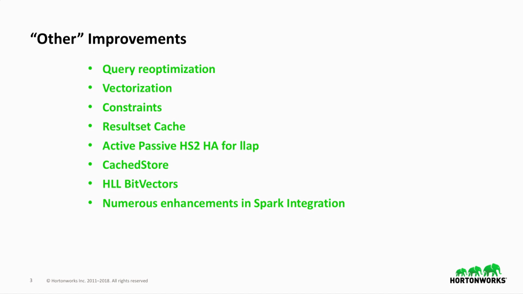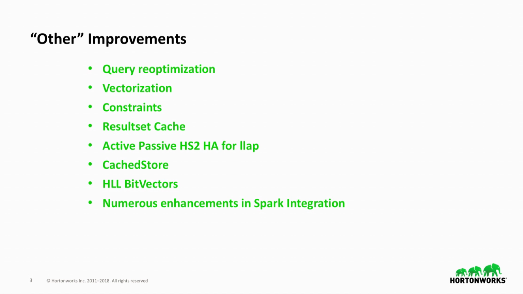So those were the big items. There were other improvements as well. Query reoptimization lets us now change the query plan while it's executing. We can intercept if there is a failure, use the statistics for the vertices which have been executed, and use those statistics to generate a new plan and execute it.